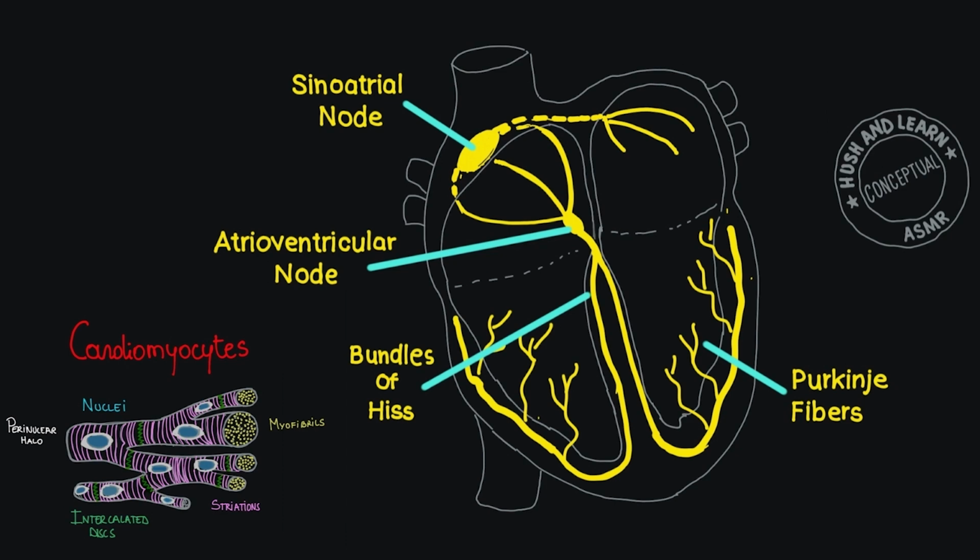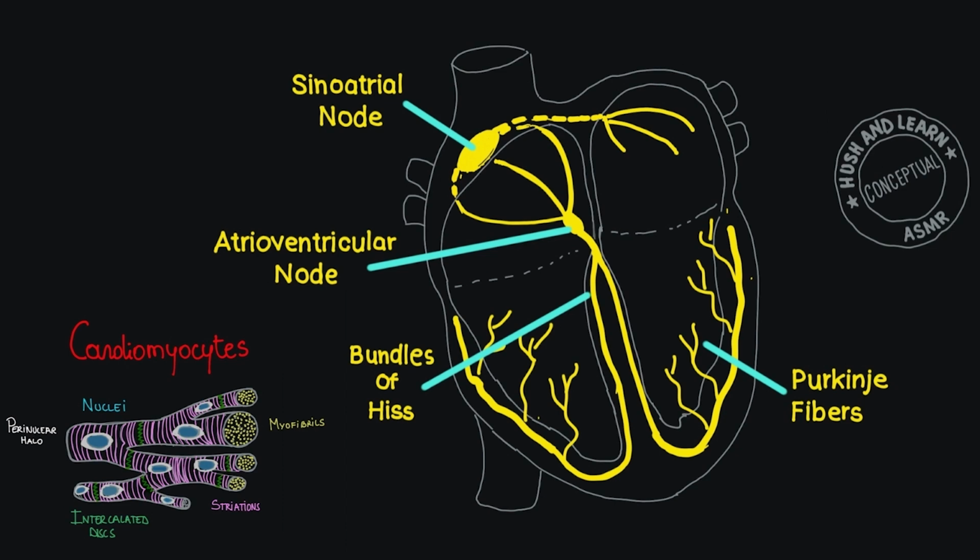This group of pacemaker cells in the sinoatrial node depolarizes spontaneously at roughly 100 impulses per minute. The wave of depolarization spreads across the atria.